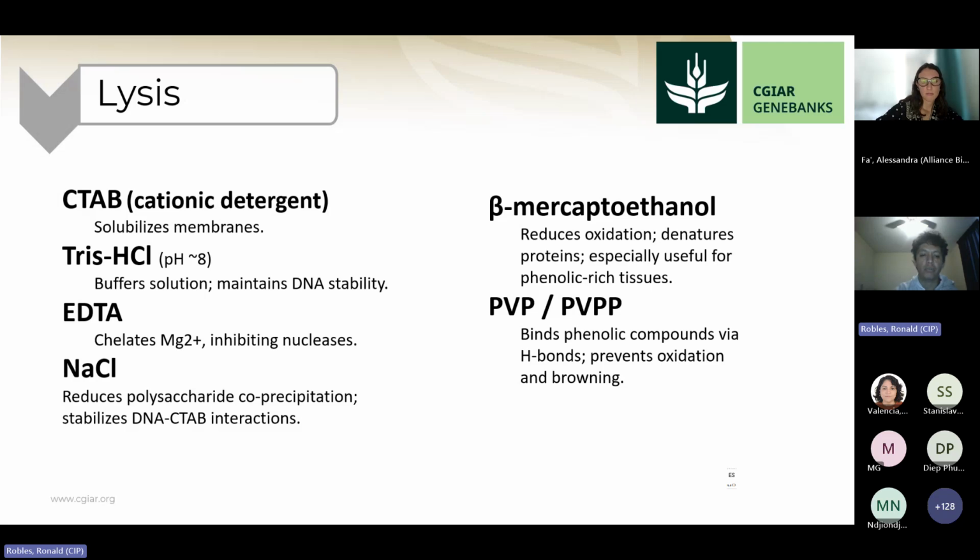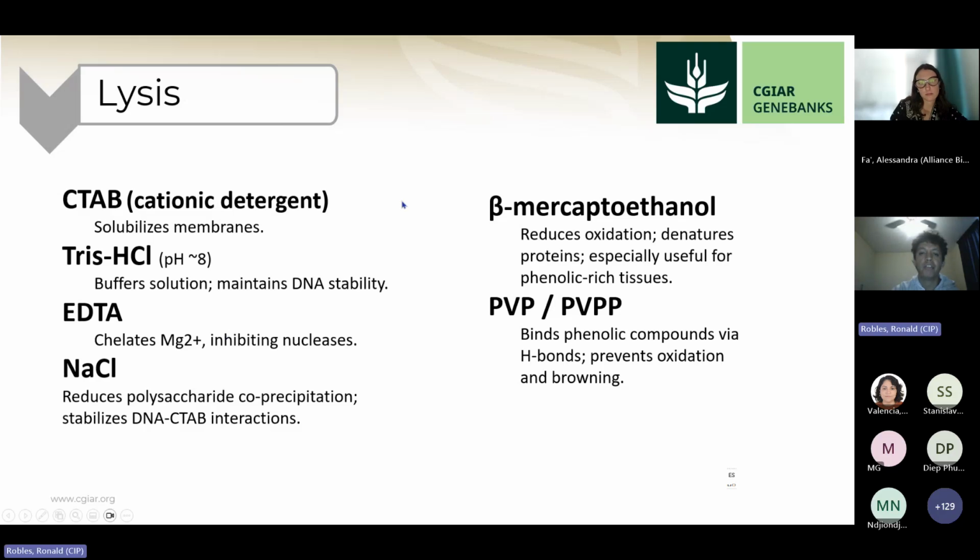In cases in which we have more polysaccharides, we can increase the concentration of the salt to avoid the polysaccharides interacting with DNA. With a higher concentration of sodium chloride, the CTAB binds with the polysaccharides and not with the DNA.